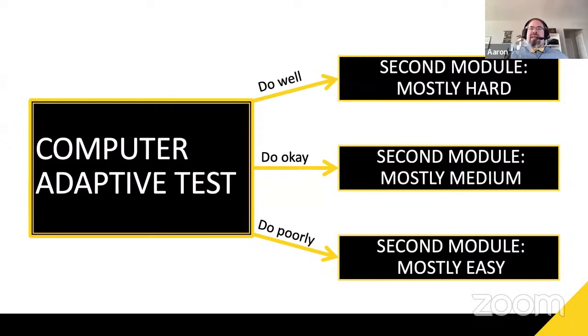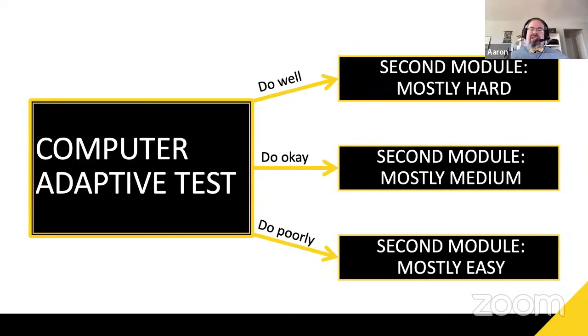Well, the point is that your score is calculated based on a combination of both how many questions you get right, but also, and more importantly, how difficult those questions are. So you don't need to worry that if you do well, you might be harming your score overall, because the scoring is going to account for that.